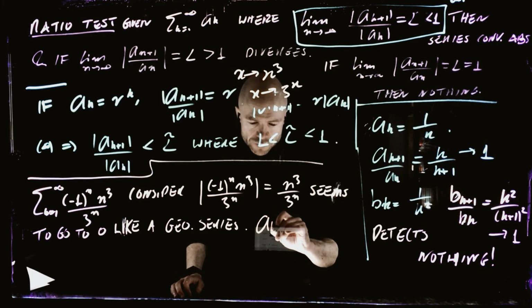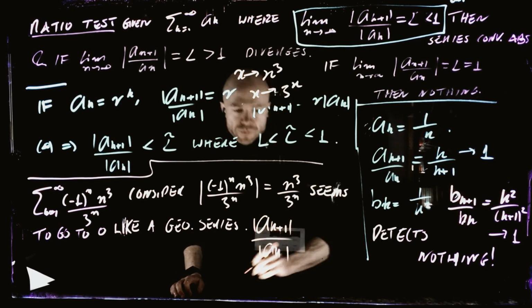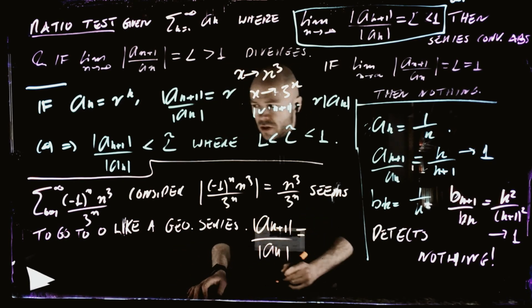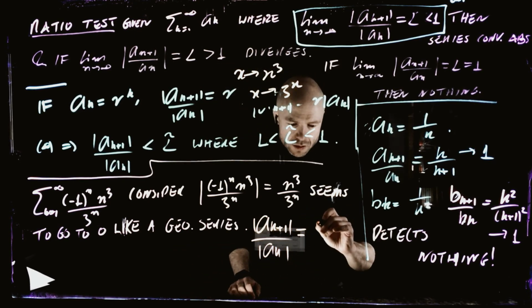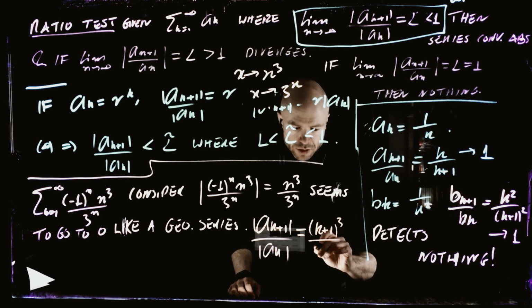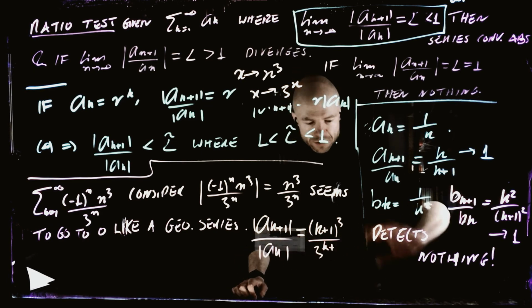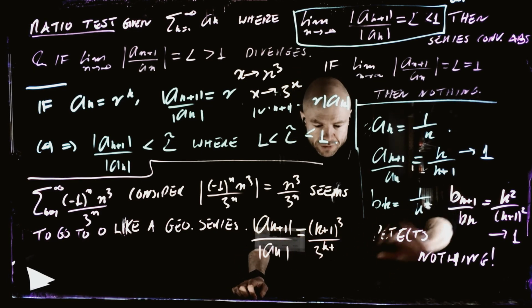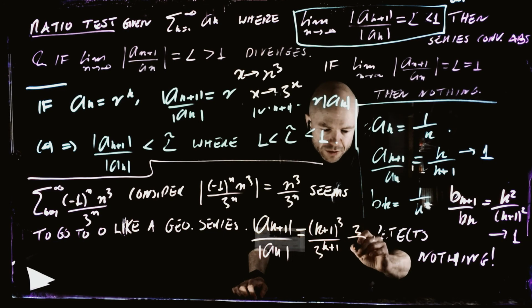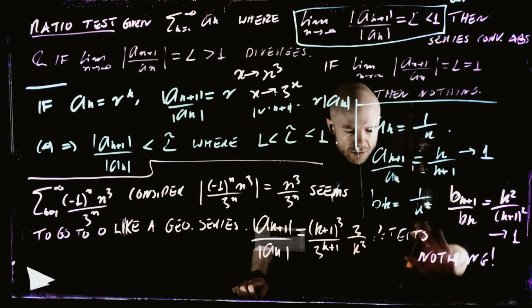So we do a_{k+1} absolute value over a_k, and what do we have? The a_{k+1} will be (k+1) to the 3 over 3 to the k+1, right? And then divided by this thing, so we're going to have over 3 to the k to the 3.